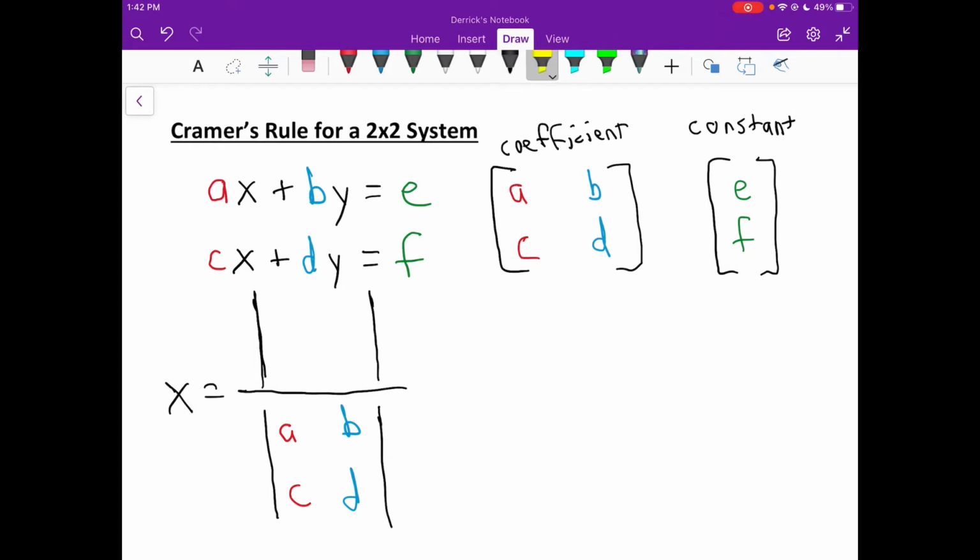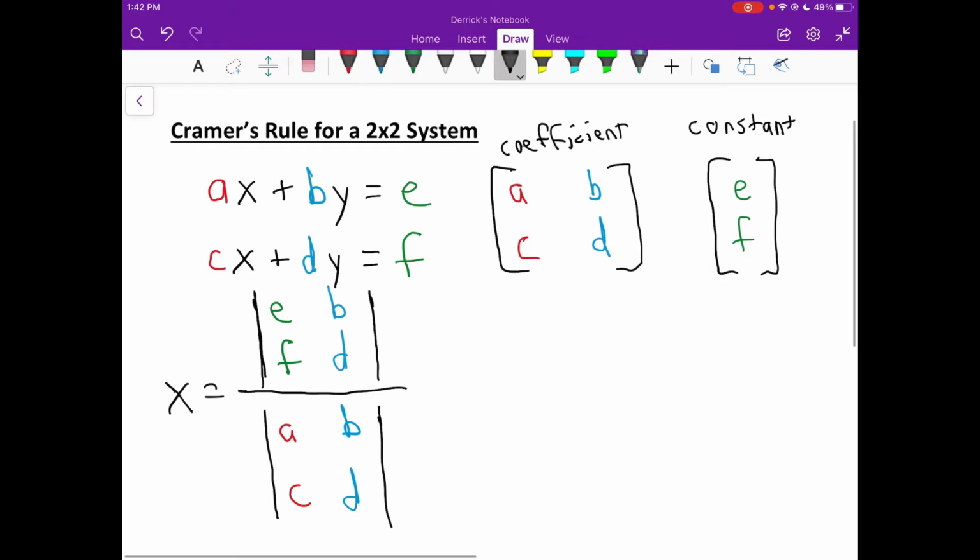Since we are solving for x, we want to replace the coefficients that went with x, which in this case are A and C. So instead of A, C, I will have a column that is E, F, but I will repeat the y column of just B, D.